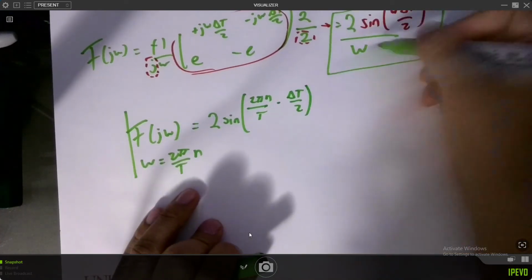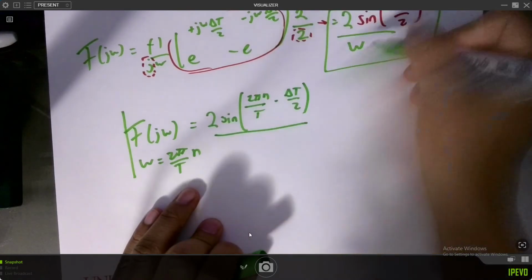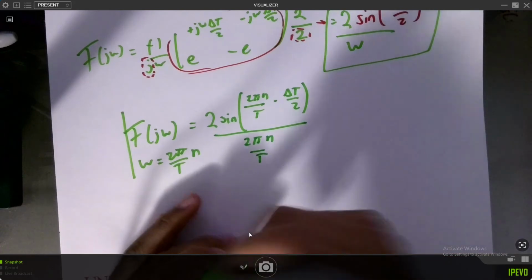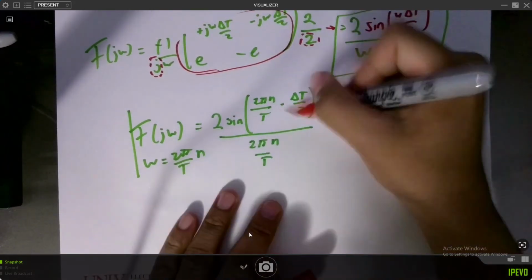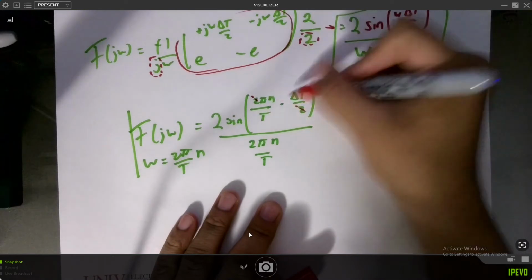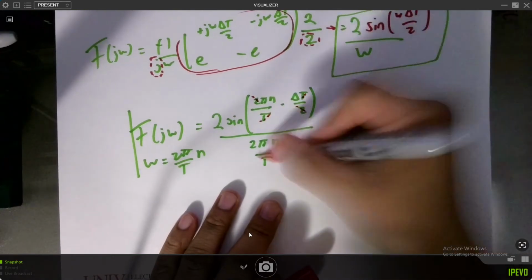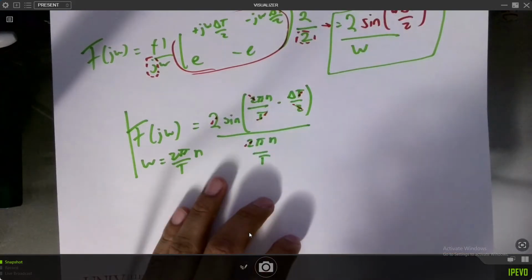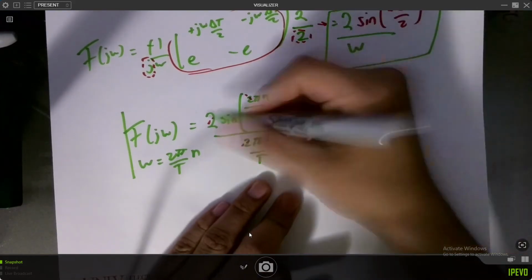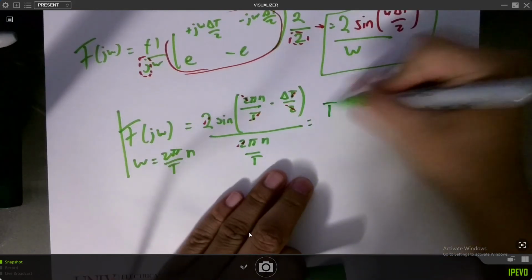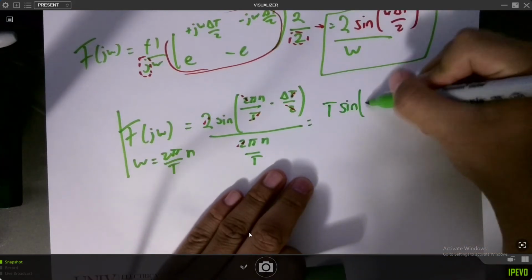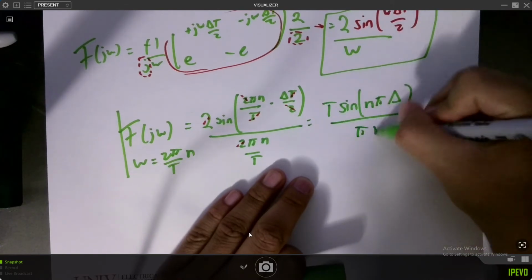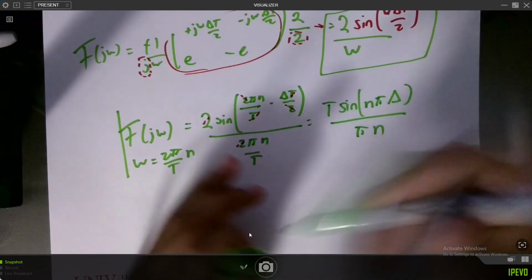And we have a w down there too, so it's 2 pi n divided by T. That T goes away, that T goes away, this kills that, that kills that. And what we get left is T sine of n pi delta over pi n. And then you're like, oh, we have a pesky T.